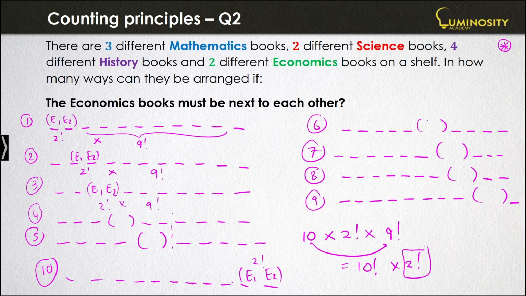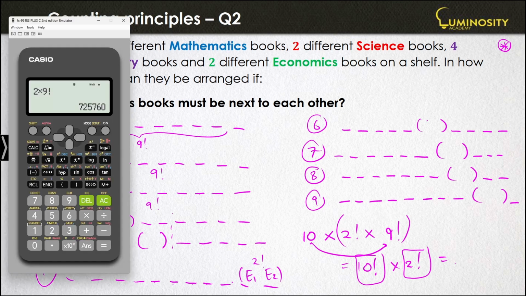This 2 factorial comes from the number of books that we are interested in arranging, in this case the 2 economics books. And this 10 factorial comes from the fact that there will be 9 spaces left over, and it's just increased by 1, so 10 spaces. Okay, so there are 10 different possibilities, each with 2 factorial times 9 factorial ways or outcomes there. So by the fundamental counting principle, that's 10 factorial times 2 factorial.